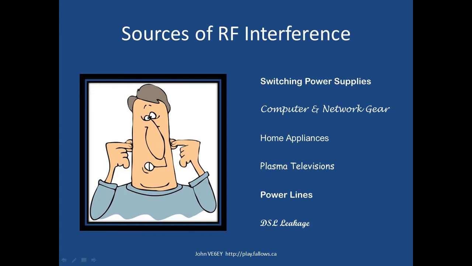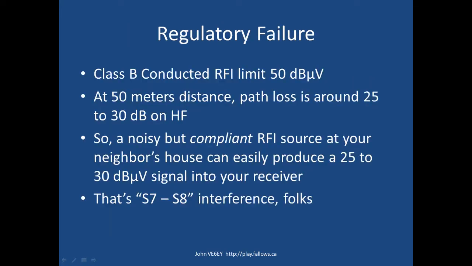Plasma televisions, your neighbor might have a plasma TV that can put out a lot of noise. And DSL leakage or DSL IP television coming to your home can have signals leaking out because DSL uses the high frequencies for sending digital television to your home. So those are some of the more popular sources that you have to deal with.